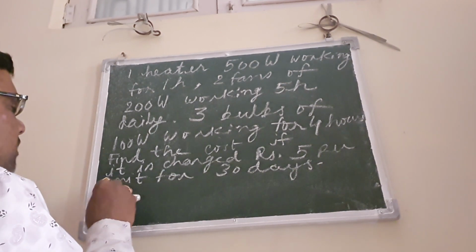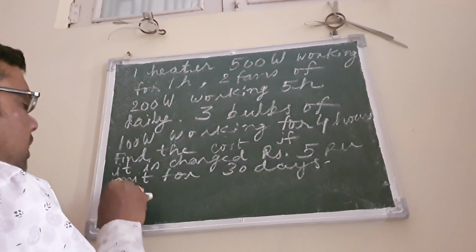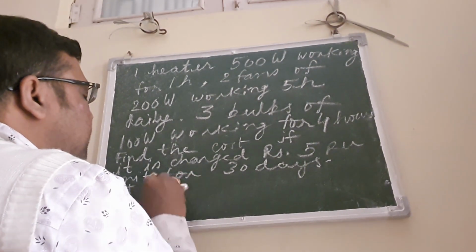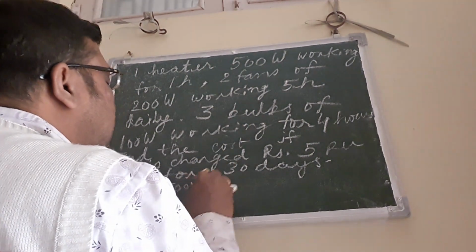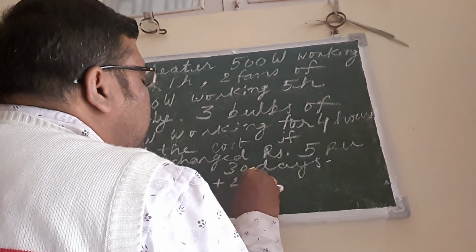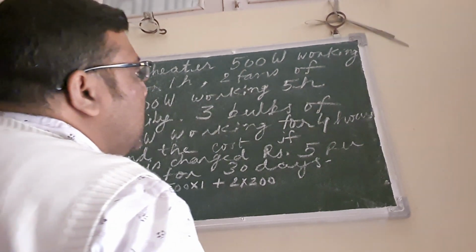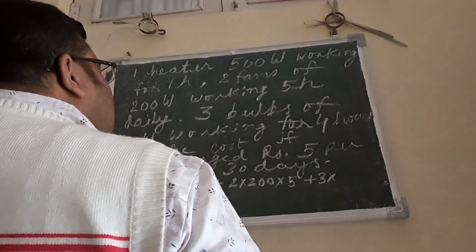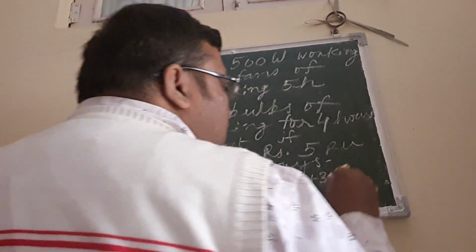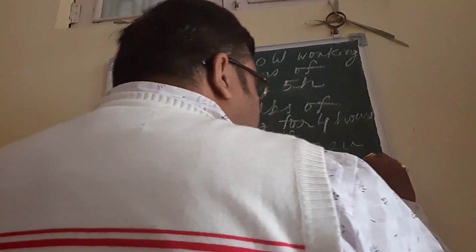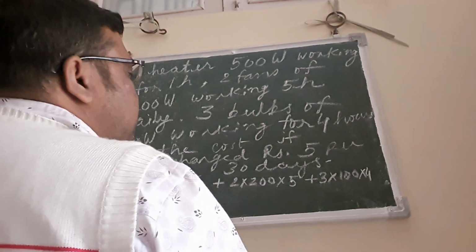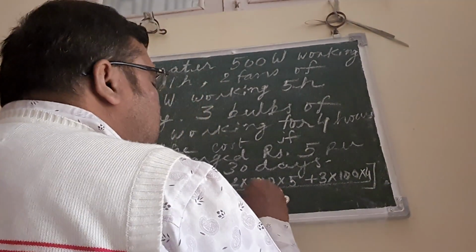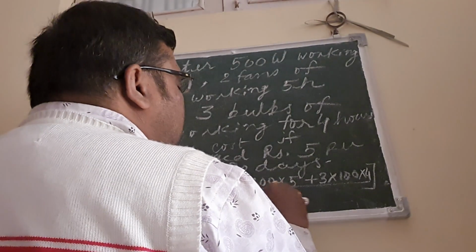So the consumption will be, this is the unit, so it will be 500 into 1 plus 2 into 200 into 5 plus 3 into 100 into 4, upon 1000, into 5 into 30.